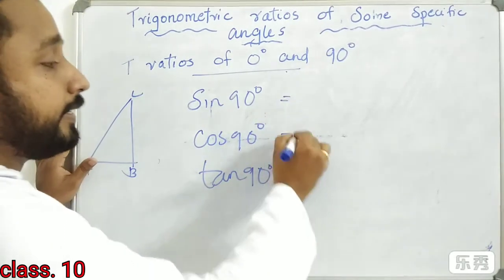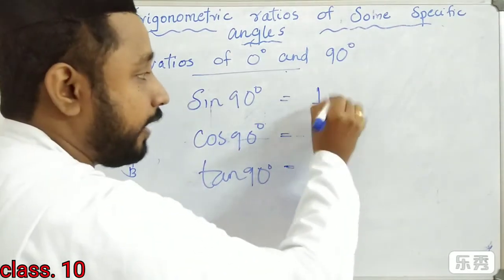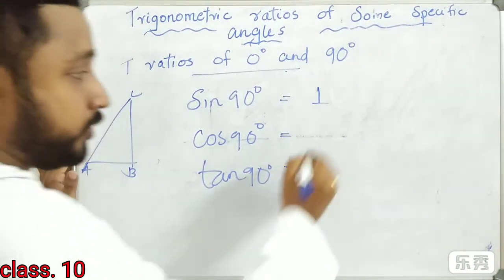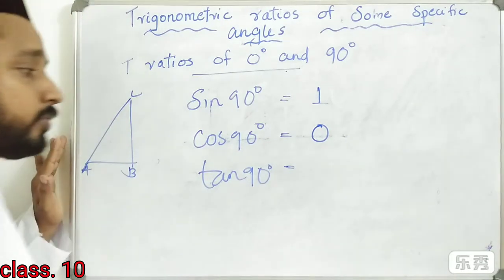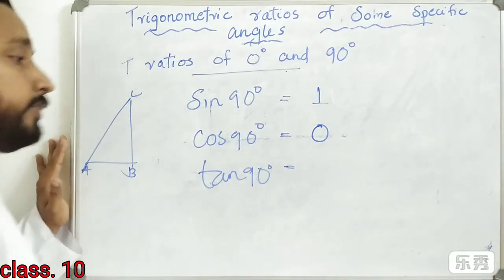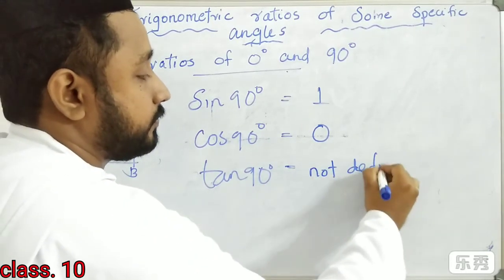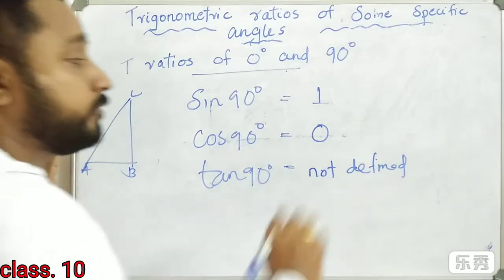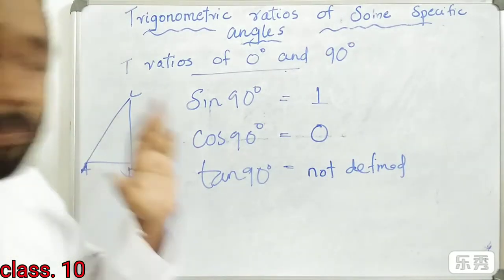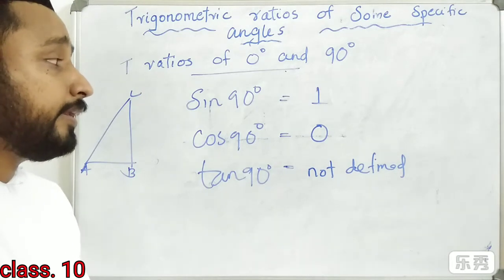Sin 90 degree is 1 and cos 90 degree is 0. Then tan 90 degree is equal to 1 by 0, not defined. So, no need to study the proof. You have to learn by heart the values of sin 90 degree, cos 90 degree and tan 90 degree.